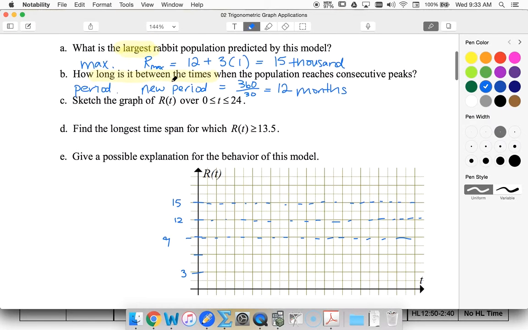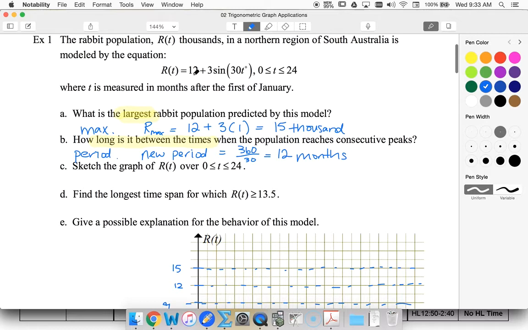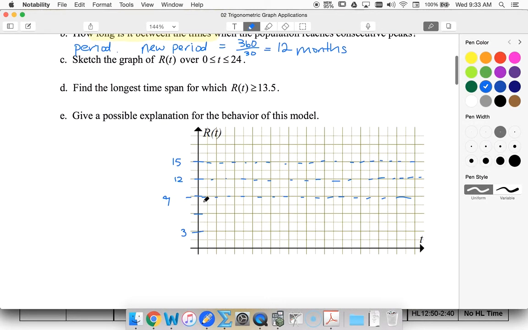So I know that I've got a sine function, with no negative, so I'll start in the middle, and I want to complete 2 full cycles.